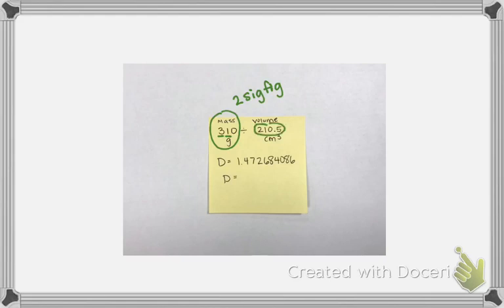Now this has 4 sig figs. We'll talk about operation rules more this week, but basically the mass has only 2 sig figs, so it's our most uncertain measurement and we have to follow it. Whichever one of your measurements that you're multiplying or dividing has fewer sig figs dictates what you round your answer to.